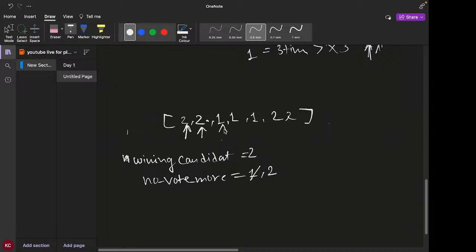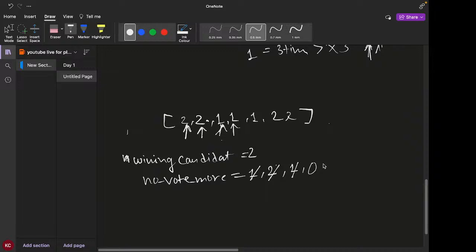But if someone comes and votes for the 1, then 2 is only 1 more than the others, because its count will also decrease, since someone voted for another. Again someone came and voted for the 1, then 2's count will be 0.